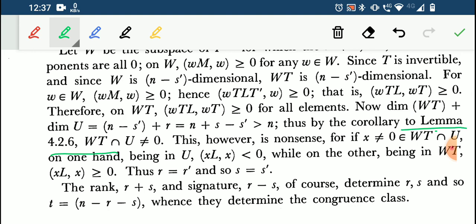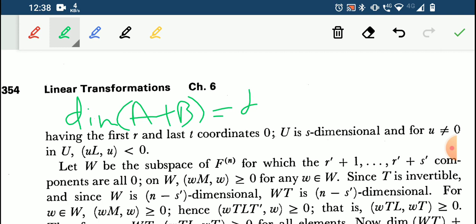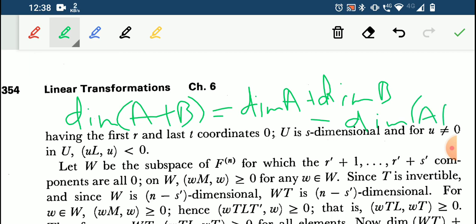Then what does the corollary say? Actually the corollary says the dimension of A plus B is equal to dimension of A plus dimension of B minus dimension of A intersection B. That's what it says.